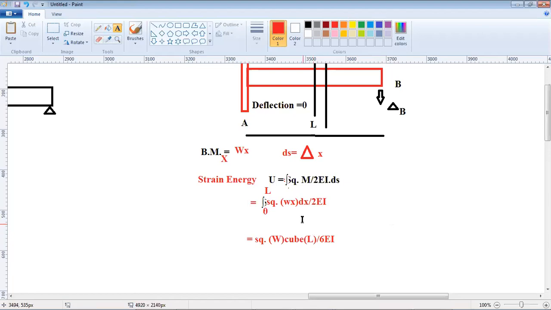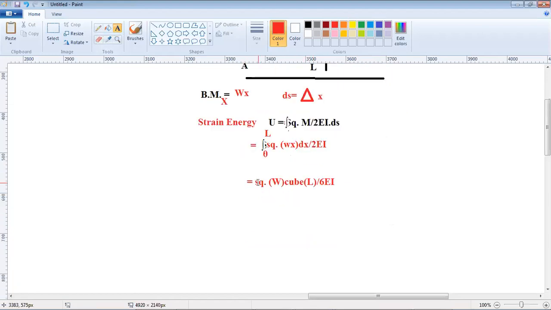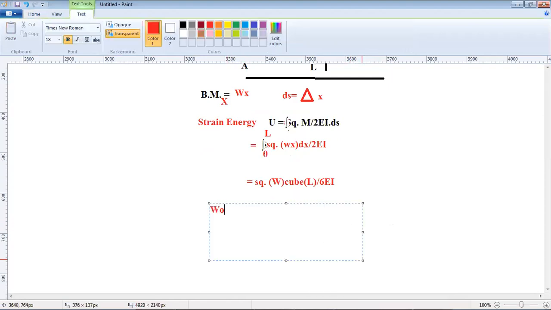So what is the amount of work done? This is strain energy which is stored.